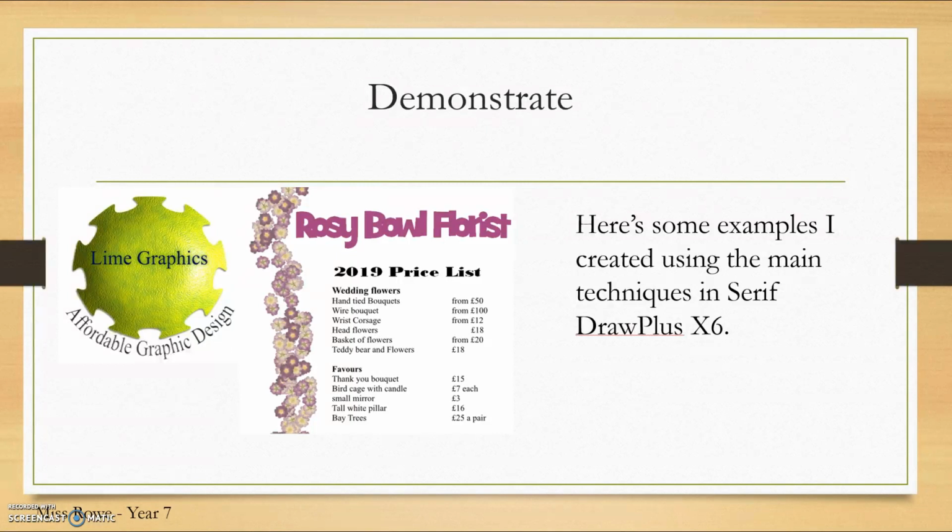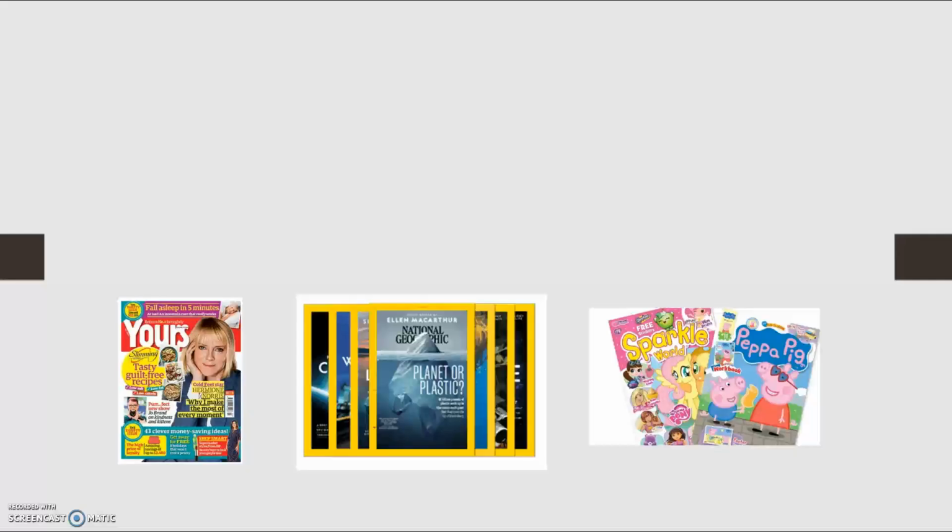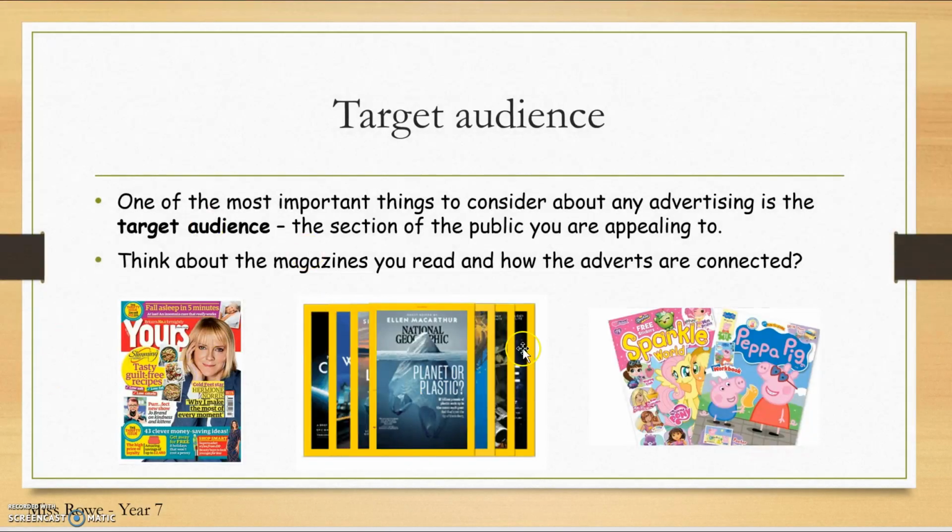And then we went over target audience, because it's very important to think about target audience, because we've got 3 types of magazines here. We've got this Yours magazine, we've got National Geographic, and we've got Sparkle and Peppa Pig. As we went through in lesson, this one is obviously for children, say children under 10 years old.